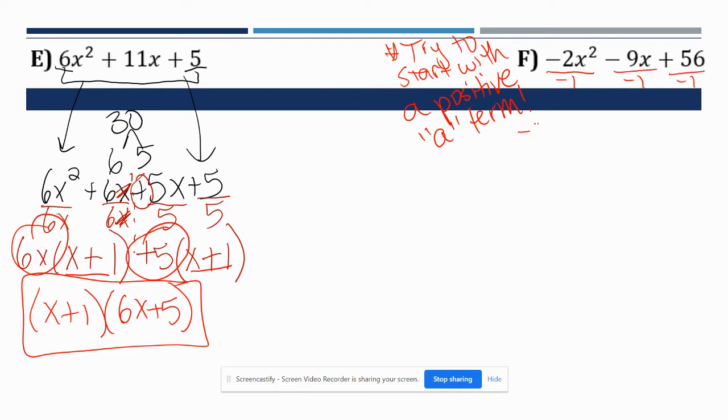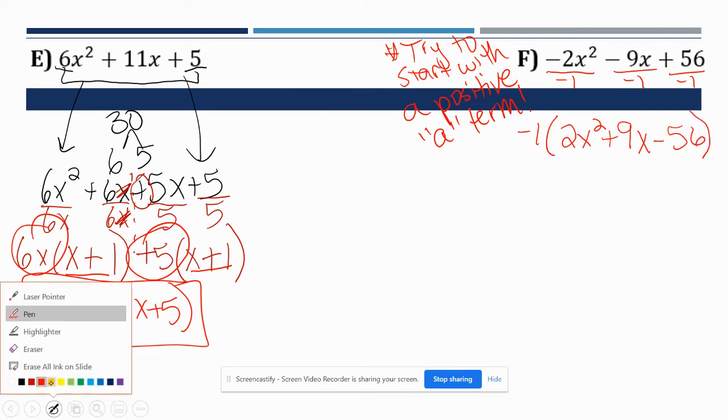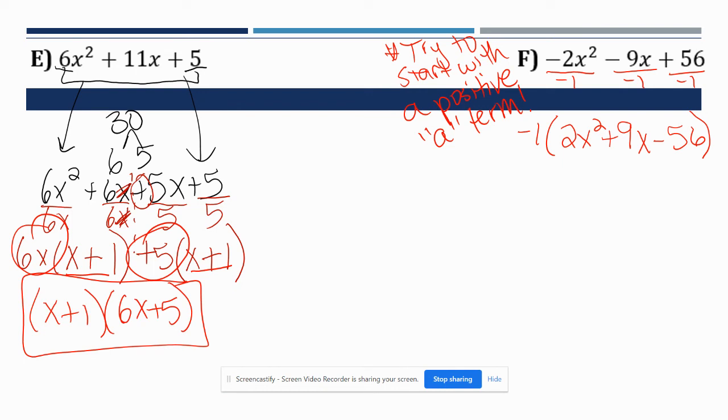By doing that, I make negative 2x squared divided by negative 1 positive 2x squared, and that gives me a positive A term. Negative 9x divided by negative 1 is positive 9x. Positive 56 divided by negative 1 is negative 56. Just makes it a little bit easier when we're factoring if our A term is positive.